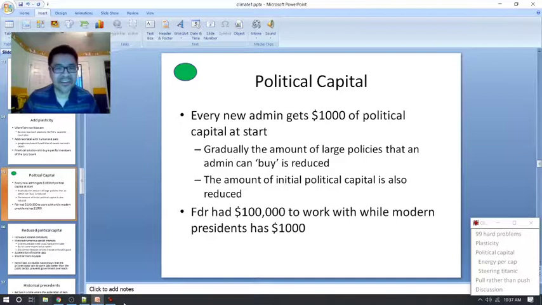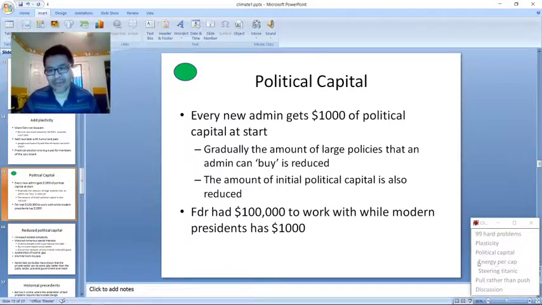The next topic is political capital. Hypothetically, every new administration gets $1,000 of political capital at the start.